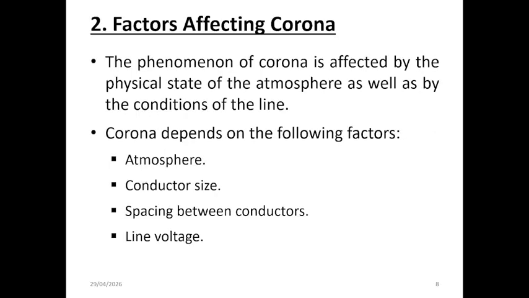The occurrence and the intensity of corona in overhead transmission lines are influenced by both the physical condition of the atmosphere and the electrical and mechanical characteristics of the transmission line itself. Several key factors determine how easily corona is formed and how severe its effects will be.